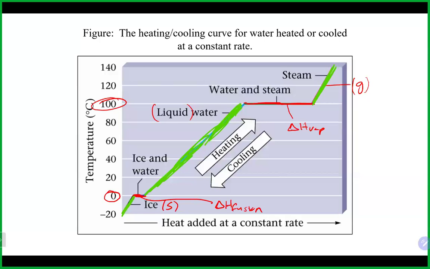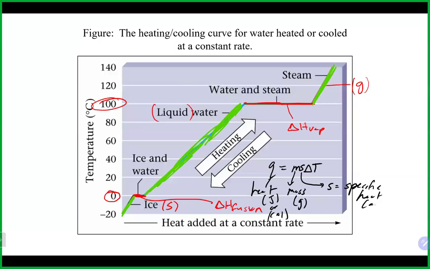That is our friend from the past, the specific heat equation: Q equals m c delta T, right? Q is our heat, which is joules or calories. m is our mass, which is grams. c is our specific heat capacity, which is joules per gram per degree Celsius, or calories per gram per degree Celsius, and delta T is our change in temperature, which is our final minus our initial temperature.